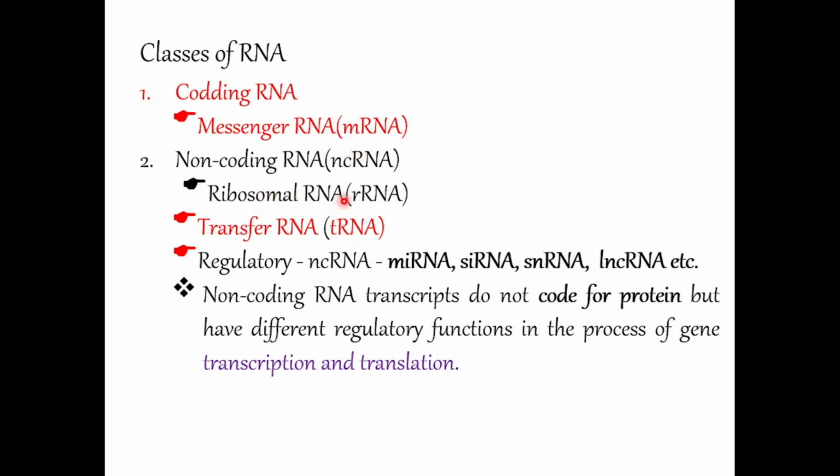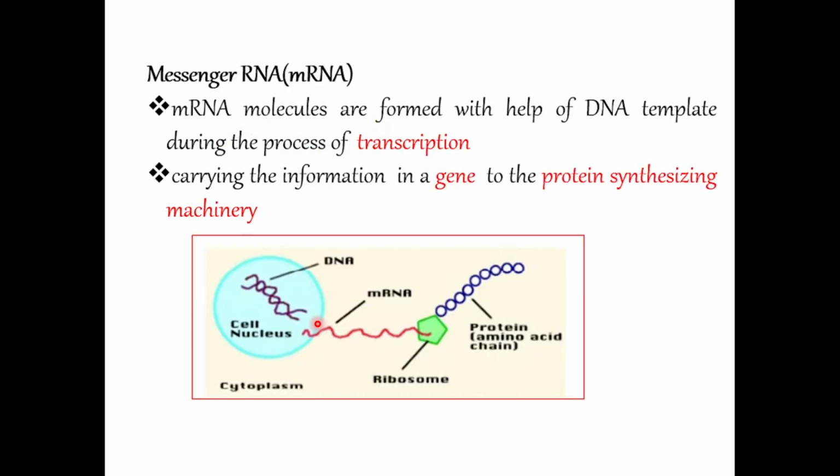The others, ribosomal RNA and transfer RNA, are non-coding RNA. The others are regulatory RNA. Actually, they are non-coding, but they are regulatory. They regulate the process of transcription and other gene expression processes. Let us see coding RNA, which is messenger RNA.